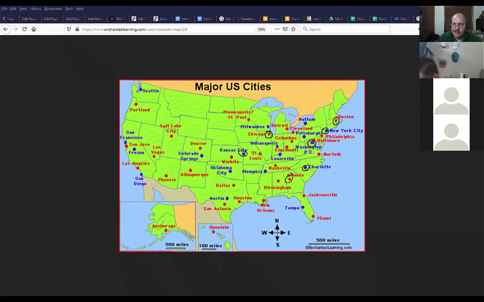Like, okay, I hit this node. Is it okay to hit it again? Maybe. And that's where it becomes a real problem. Because otherwise, if I'm not careful, I can start to get in a circular loop where I go Chicago to New York City to Boston, Boston to New York City, back to Boston.